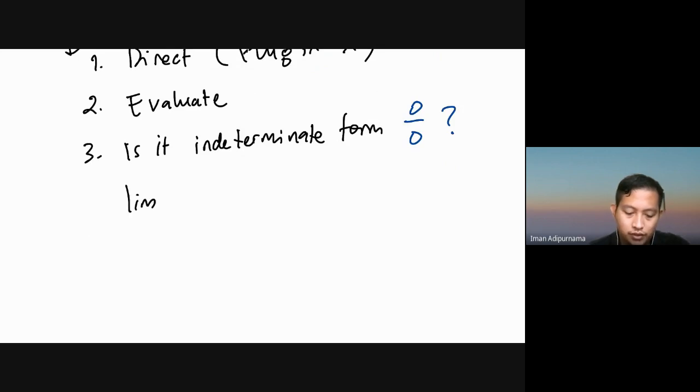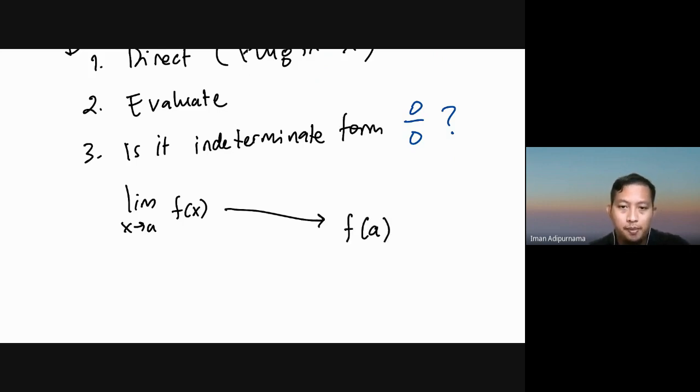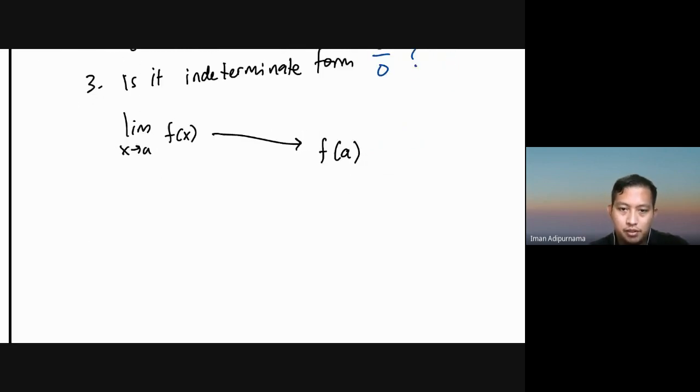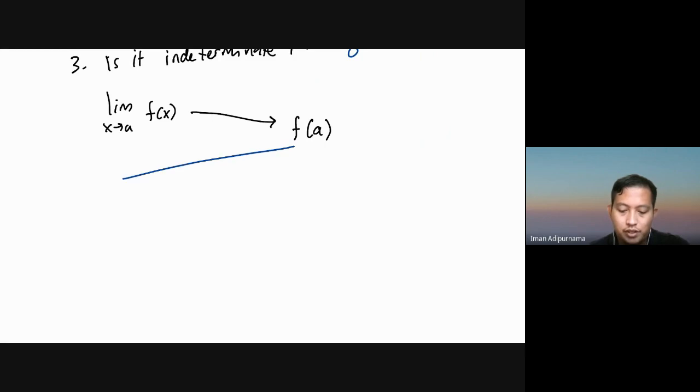So first you have the limit and you try to evaluate. So you plug in a inside the function, right? There will be some cases here. You will have at least 3 cases.